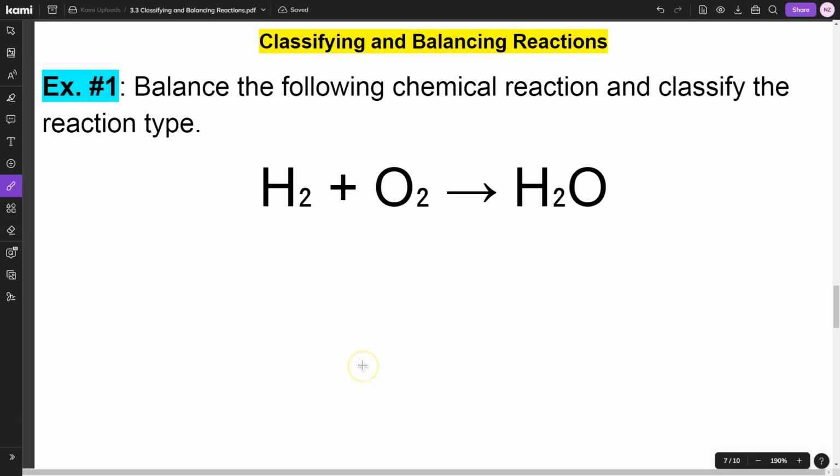Okay, so let's look at this reaction. It says balance the following chemical reaction and classify the reaction type. In this reaction we have 2 pieces that are combining to form a compound. This is going to be synthesis. On the left-hand side of our reaction are the reactants. On the right-hand side of our reaction are the products.